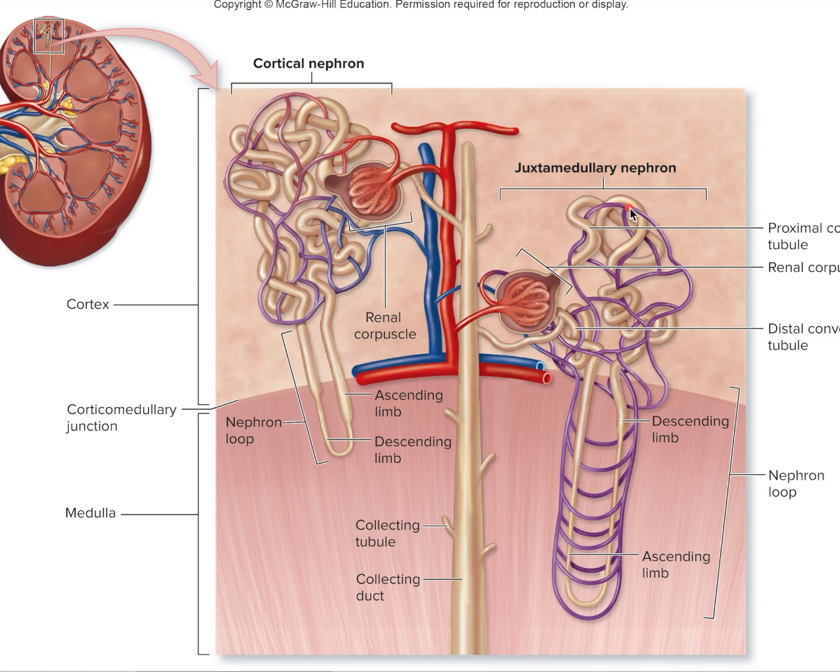peritubular capillaries sit in close approximation to those convoluted tubules, and they are going to reabsorb either through diffusion or active transport to get the things that we need back in our blood supply into the capillaries.